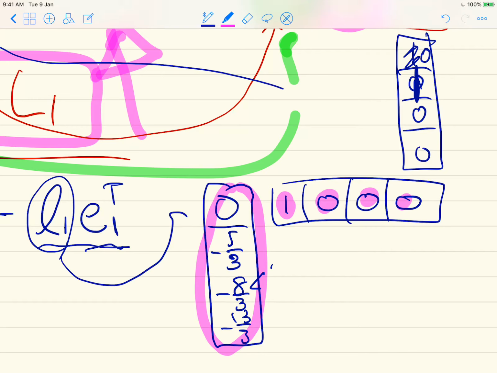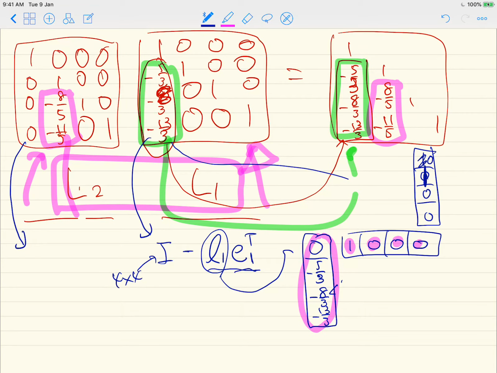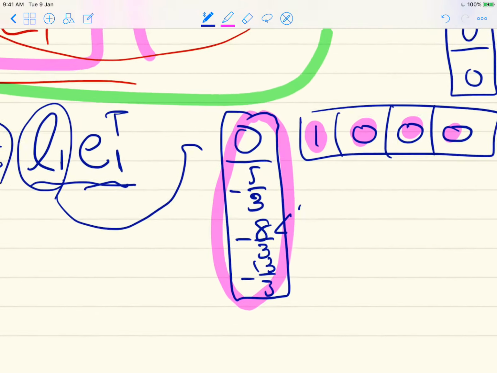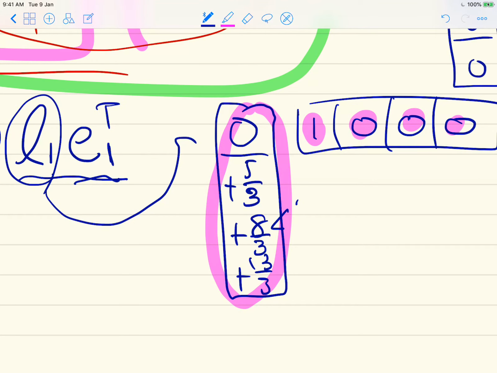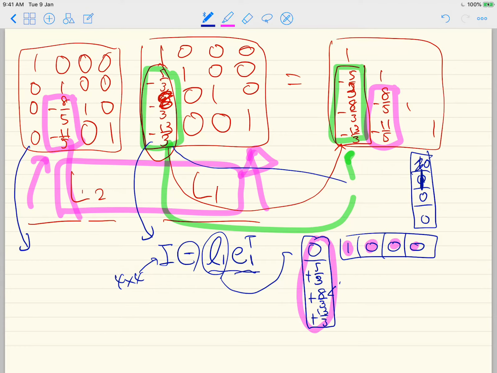And if we consider the unit vector E2, then we will put this column vector in the second column. And we have a negative sign over here, so let's negate all these values because we have the minus sign.